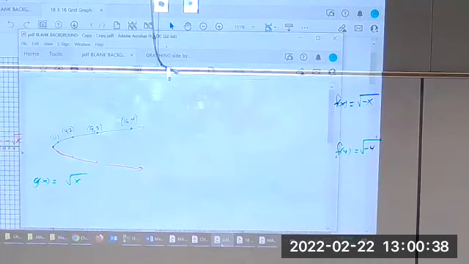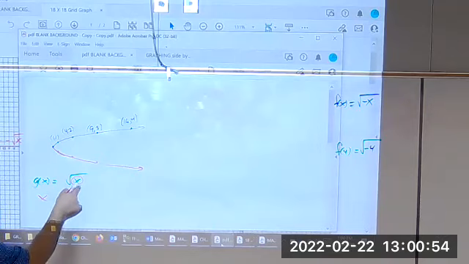Domain of a square root of an even root cannot be negative on the inside. If it can't be negative, it can be 0 or positive. So whatever's in here, you take that and you say those x's have to be greater than or equal to 0. That's my domain.